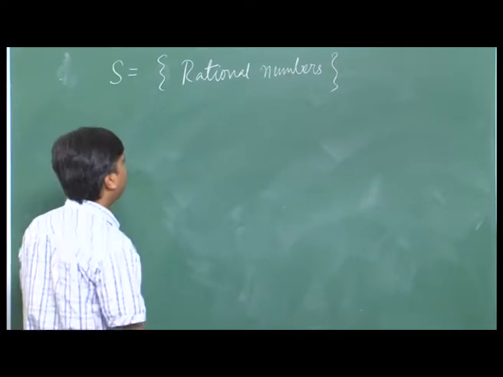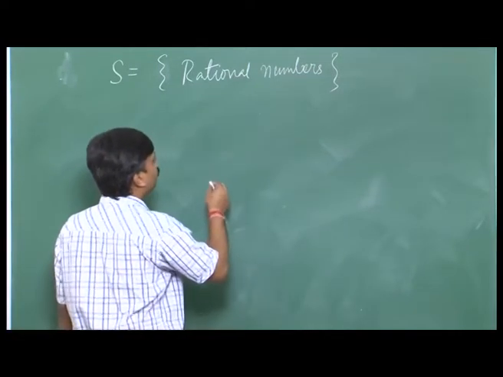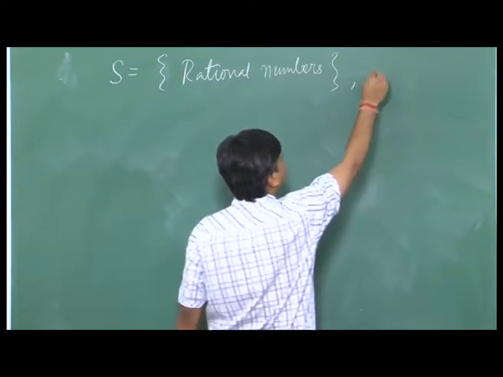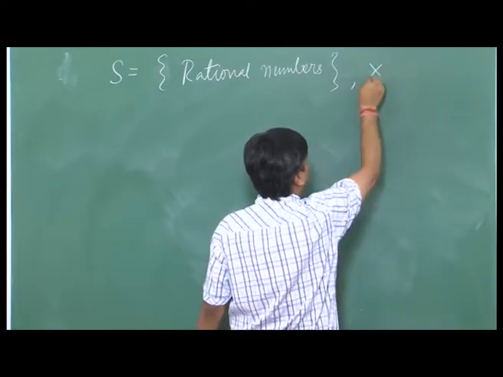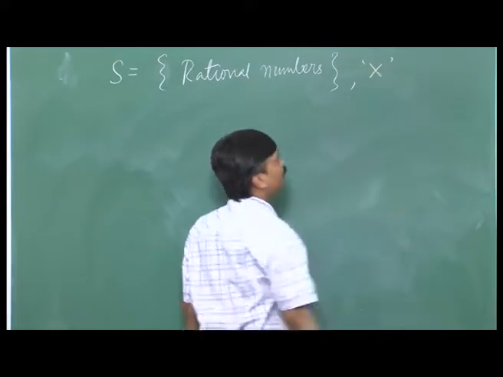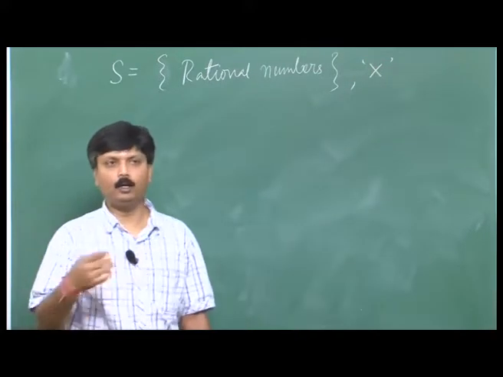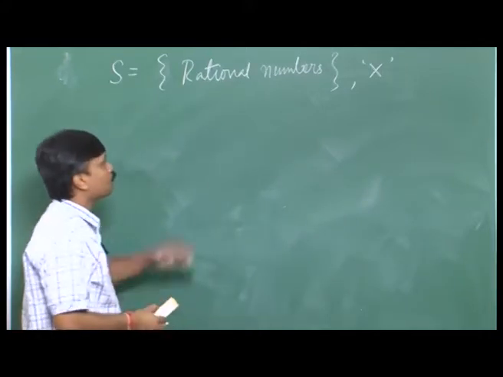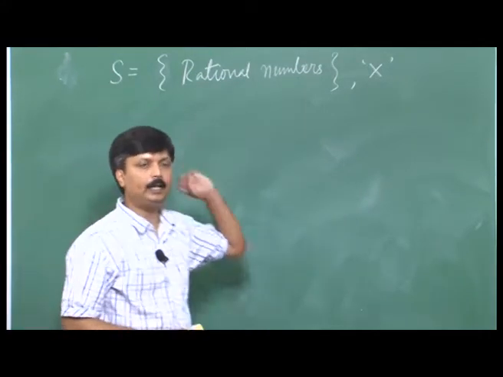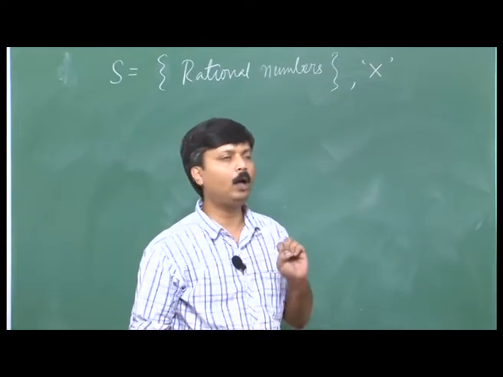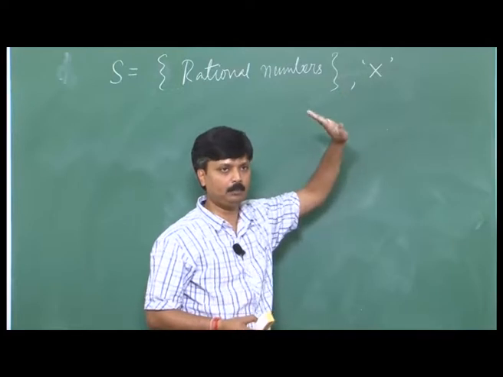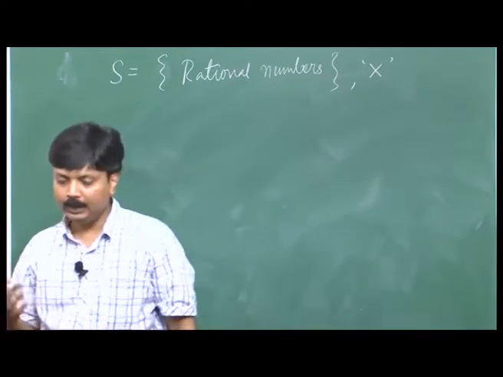And we define an algebraic multiplication as my rule of combination. Now is this set going to form a group under this binary operation which is multiplication? That is the question. Let us try out.